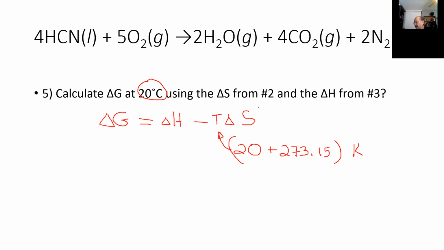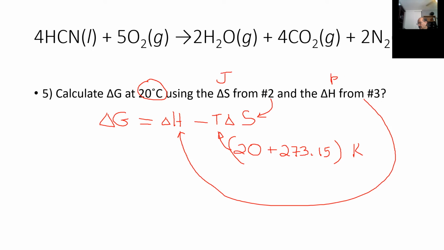So again, you have this delta S. You'll get that value from there, and then delta H, you'll get it from there. Don't forget that your delta S was in joules, and your delta H was in kilojoules.